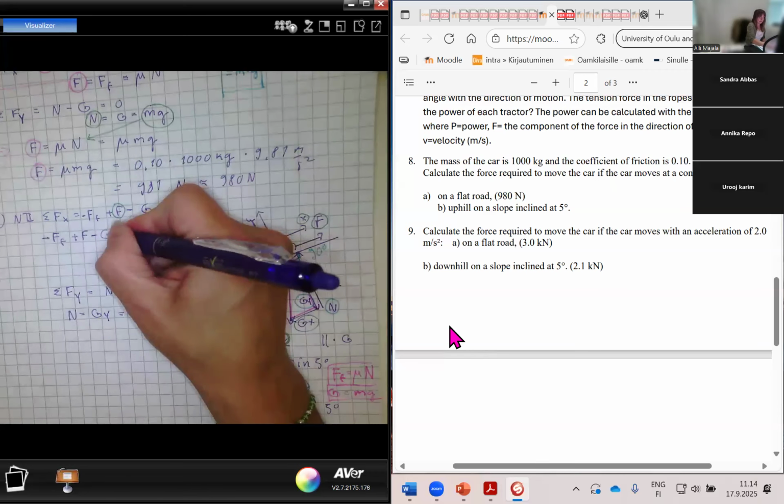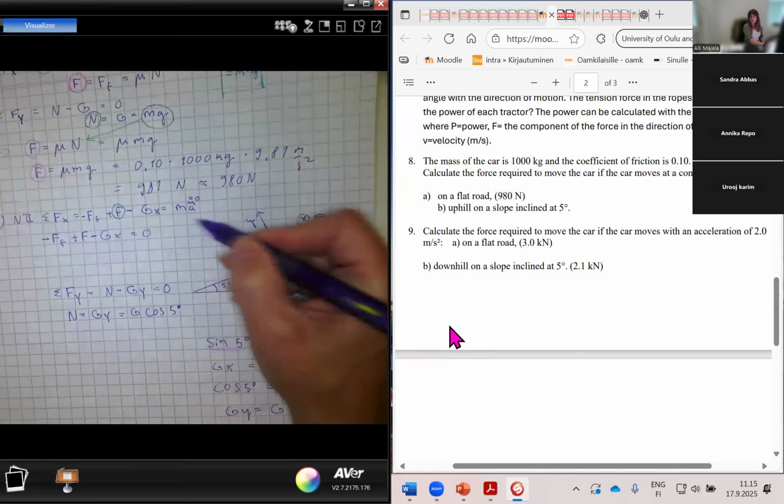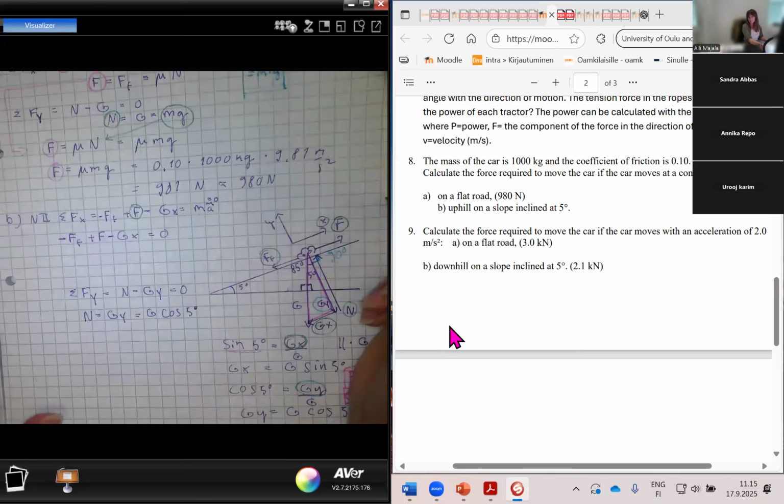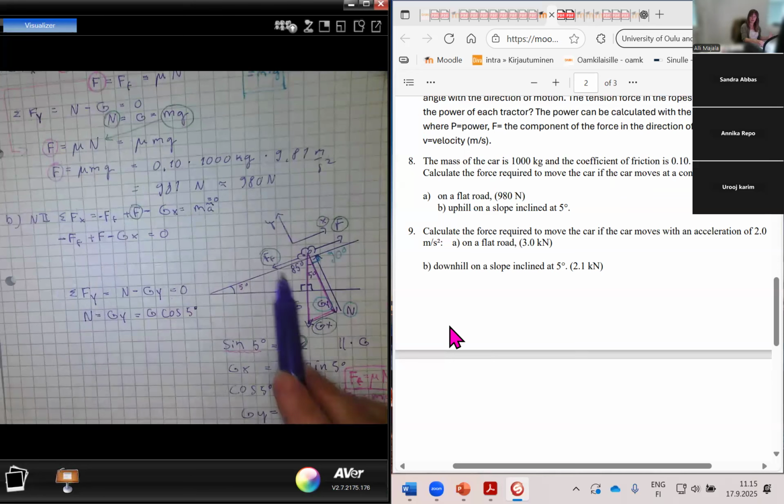Minus gx. And this was 0 because the acceleration was 0. So the engine force, you need to compute the friction plus the gravity. Does that make sense? But you don't need to accelerate anymore. If you would be accelerating, you would need even more force.